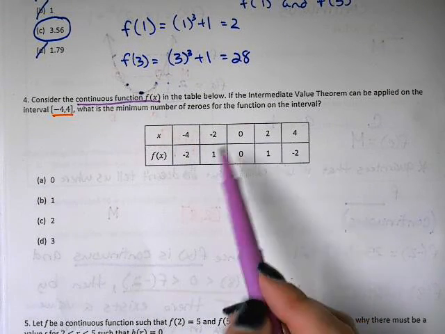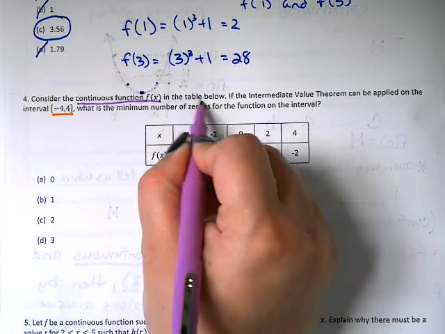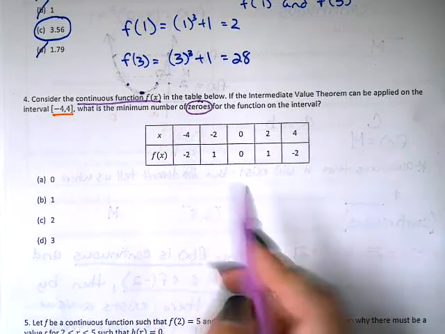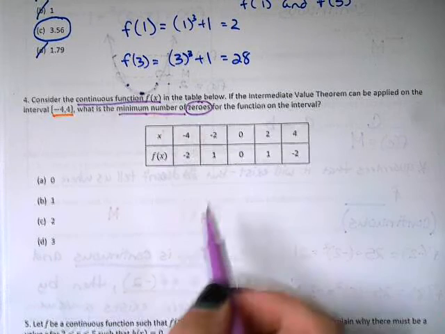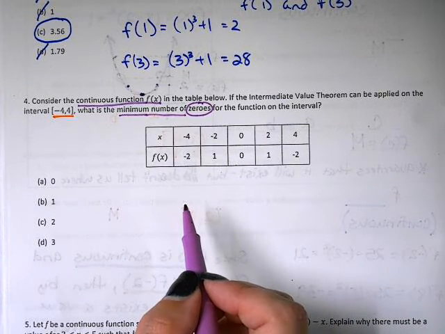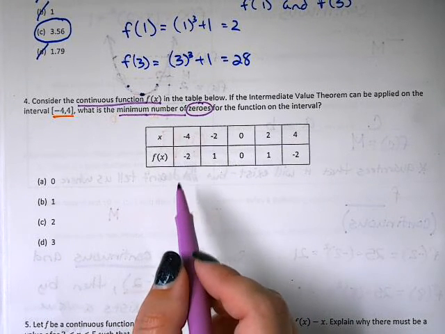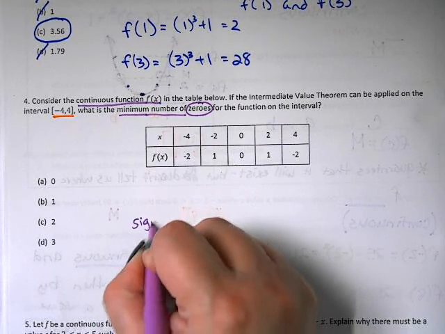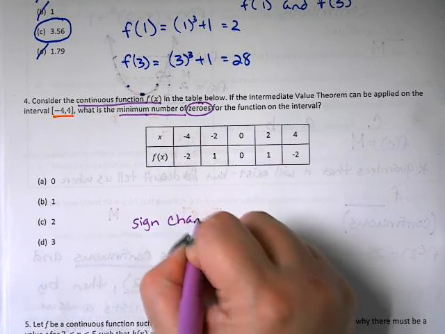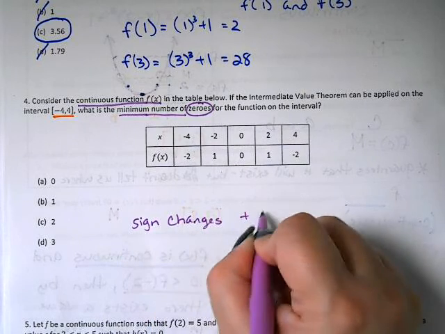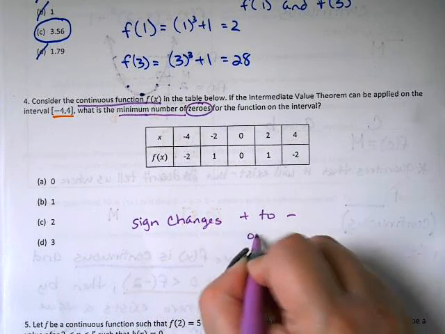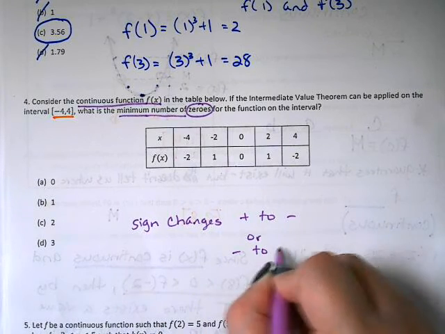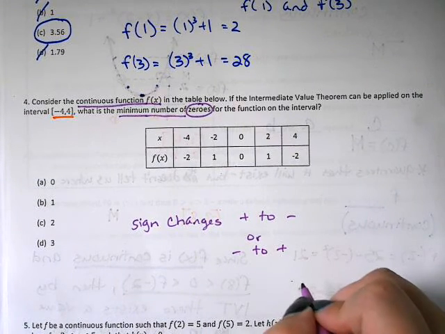So it's asking for the minimum number of zeros because we don't truly know what else is going on. We only know what we can see from this table. But we do know that a 0 is going to occur anytime the sign changes. So if the sign changes from positive to negative or from negative to positive, then we have a 0.